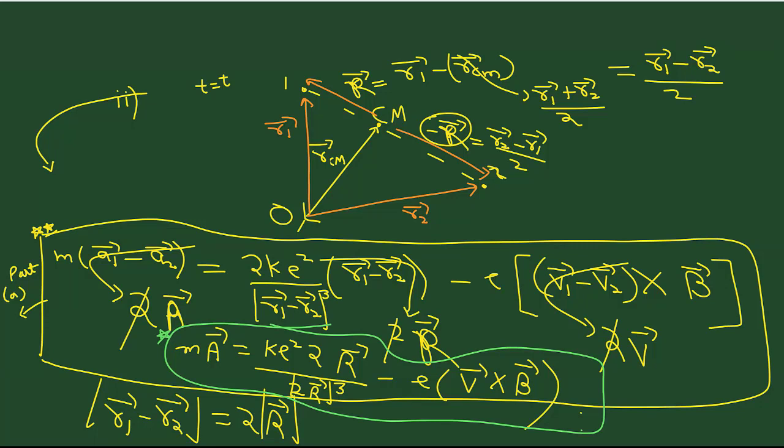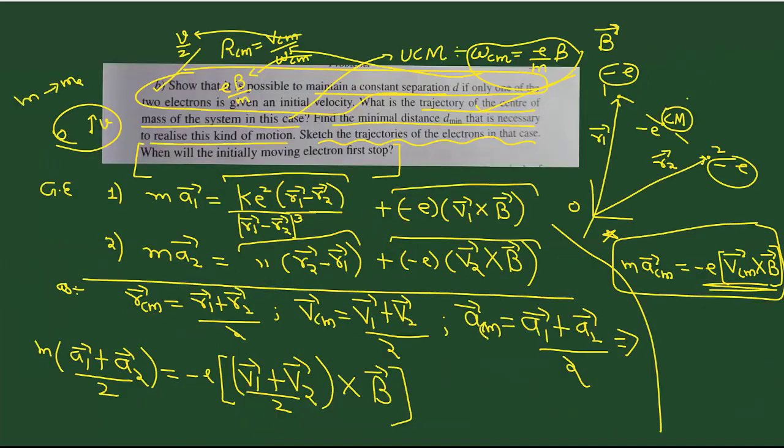Even the D critical that I will have here will be the same. So, not spending too much time further on it. After this, the problem is symmetric with part A, but one nice question is left: when will the initially moving electron first stop? Now you have to sketch the trajectory, get the idea, and then comment on the result.